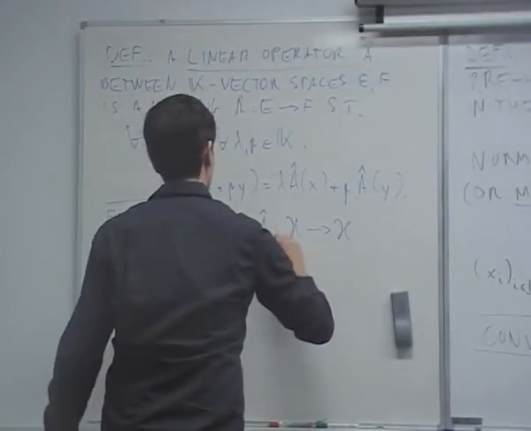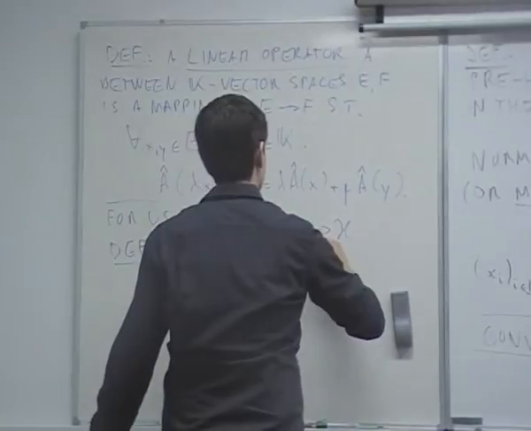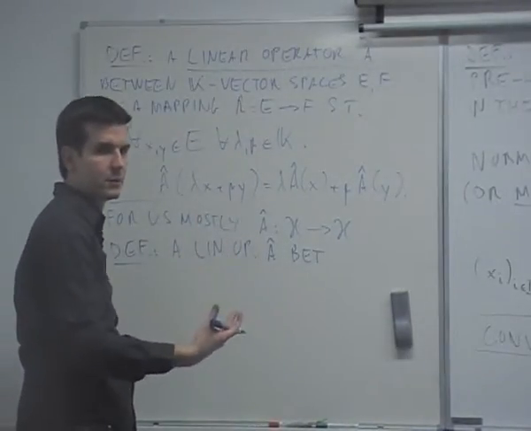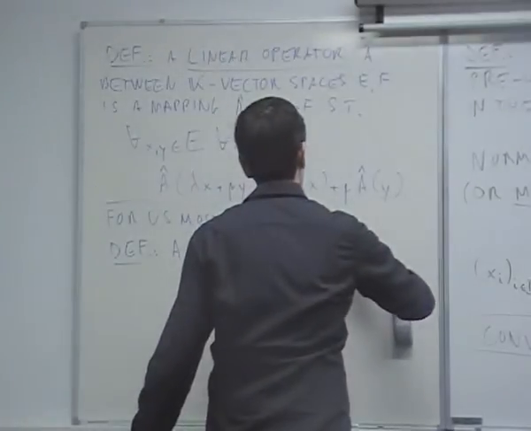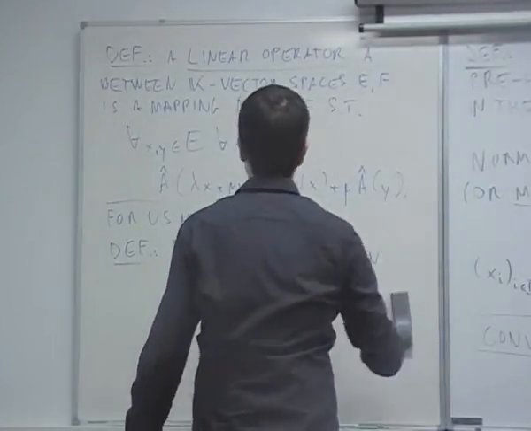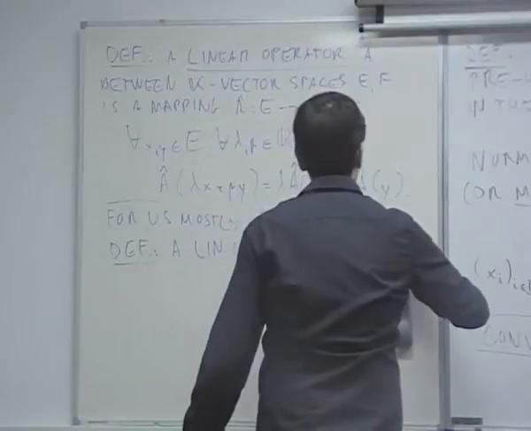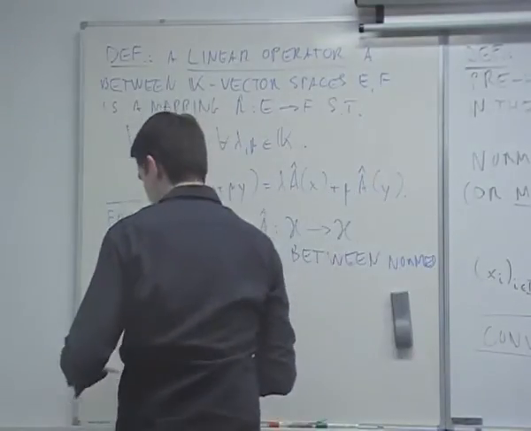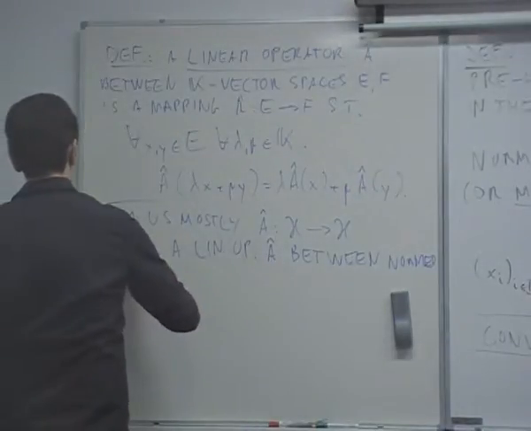Operator A. I was already saying I want something of length 1, so I need more structure. I need a norm here to say this. So now I need a linear operator between normed vector spaces.